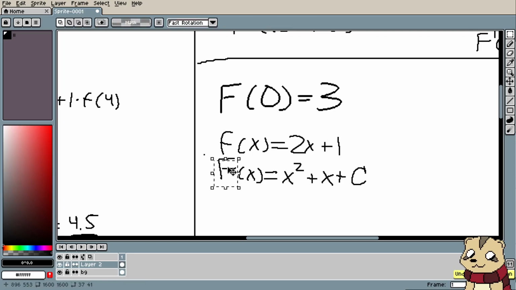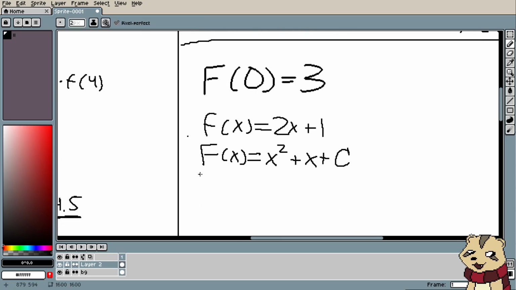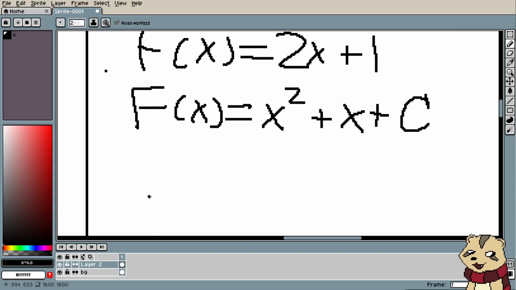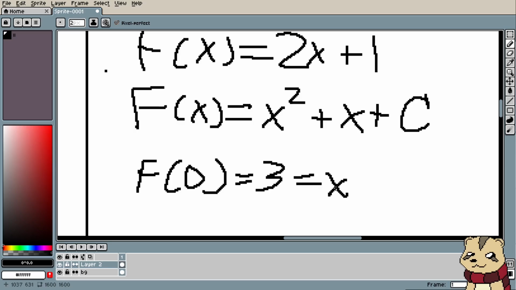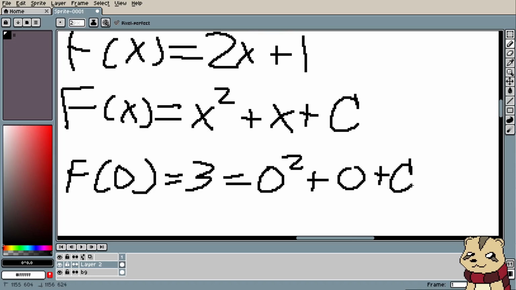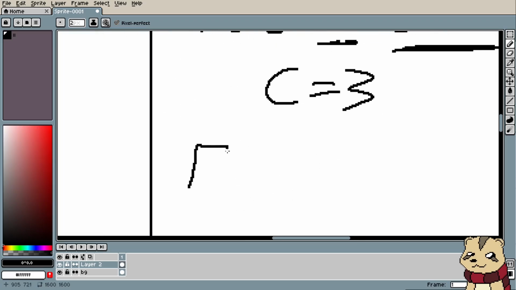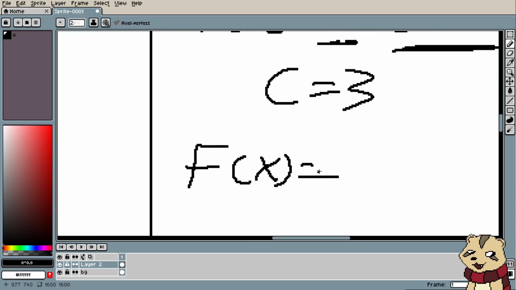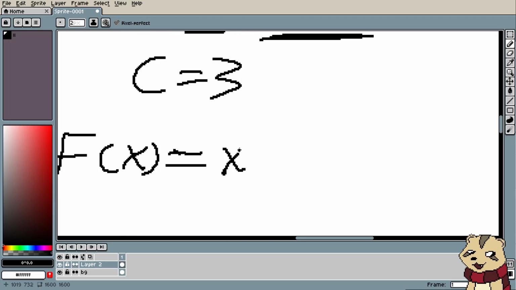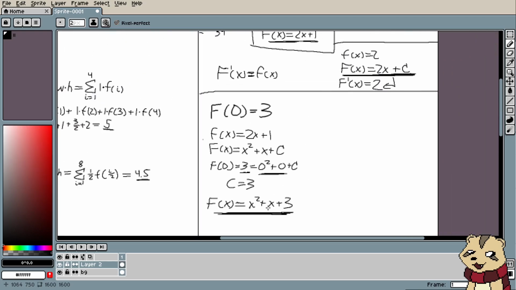But now, what we have here is an initial condition, which says that when you plug in 0 to this form, you'll get back 3. So we can find what c is now, which is, all the x's are zeros now, which means these are zeros. This is 3, which means c equals 3. So if you have an initial condition, you can fill out what c is here. And that's the full form.